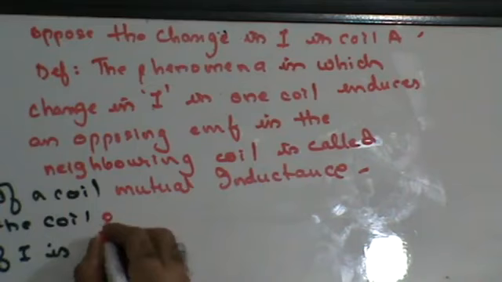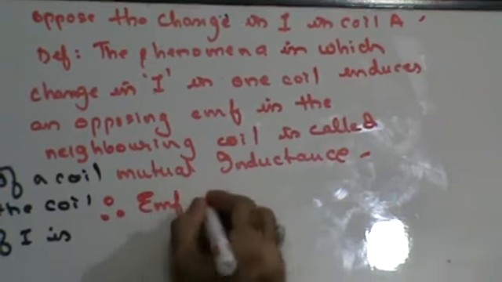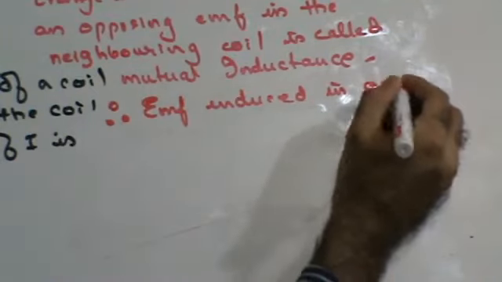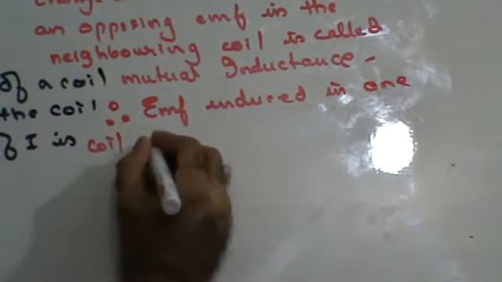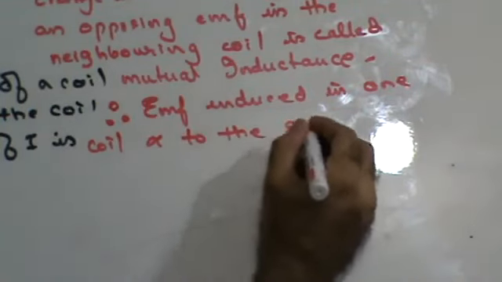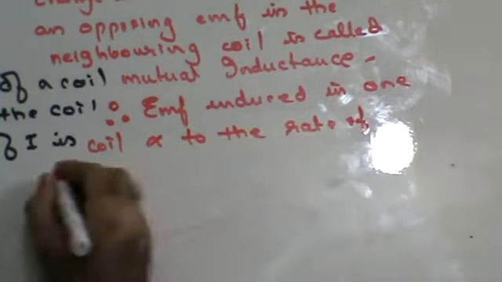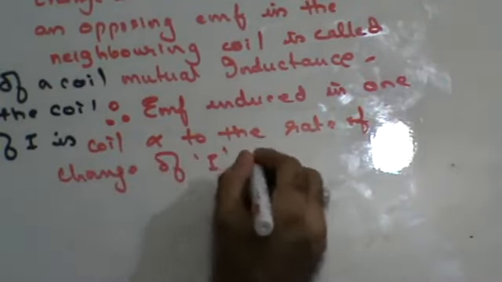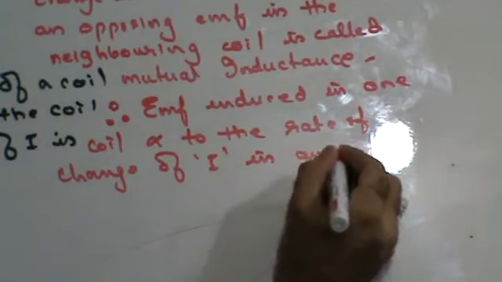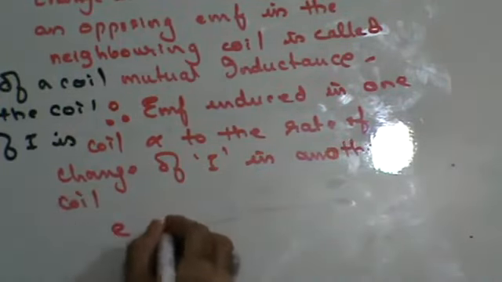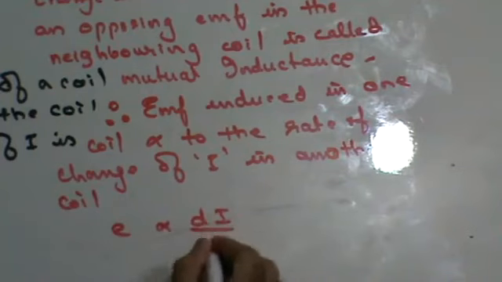I can say therefore the EMF induced in one coil is directly proportional to the rate of change of current in another coil. That means EMF is directly proportional to di by dt.